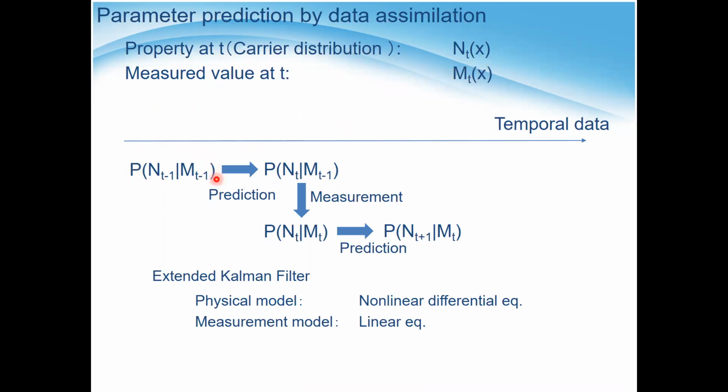So what we think about is the probability of when the measurement m is obtained and n is obtained at time t equals t minus 1, and then predicted one step, and then measurement step with some reasonable noise, and to adjust the physical model to the actual measurement data, and then prediction again. So during this process, we can obtain the physical property values too.